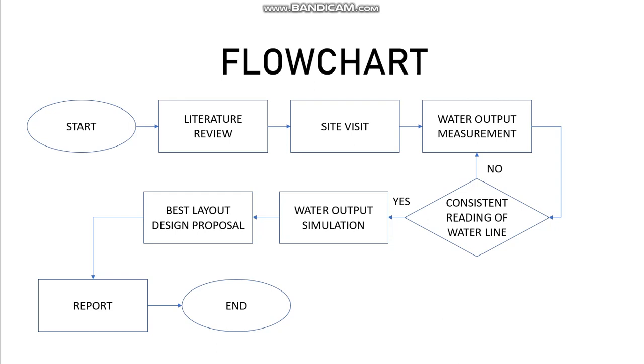After the consistent reading provided by the water line, we will simulate the water flow within the system, and then design the best possible design for fertigation system, and then we will prepare a report on the study.